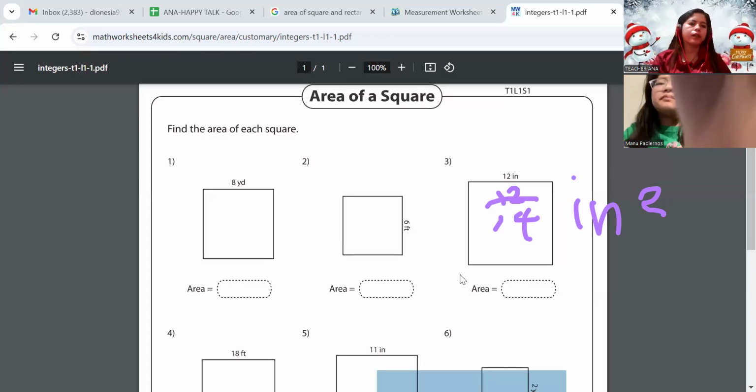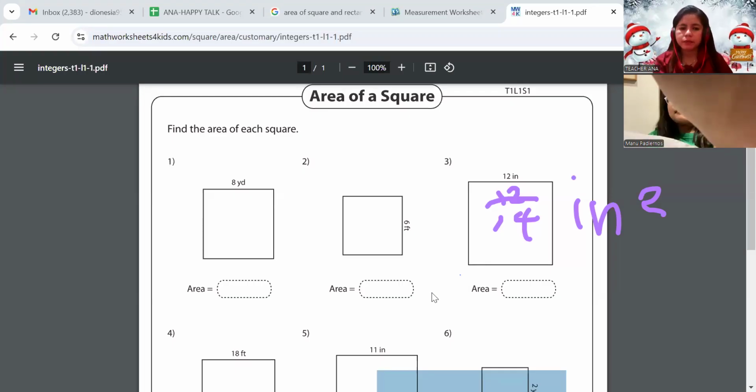Your signal is bad. Okay, Mano, 12 times. How many times will you multiply 12 by itself?